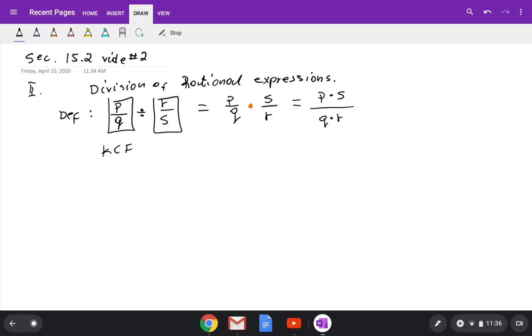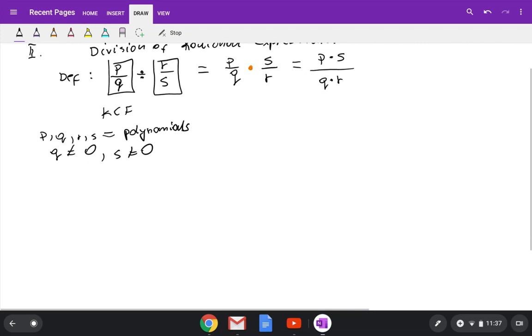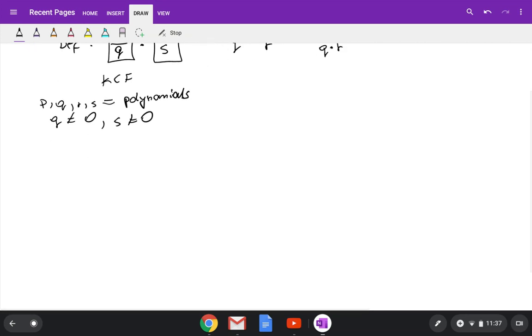And again, in this definition, P, Q, R, S are polynomials. Q can't be 0, S can't be 0, because denominators are never zeros.